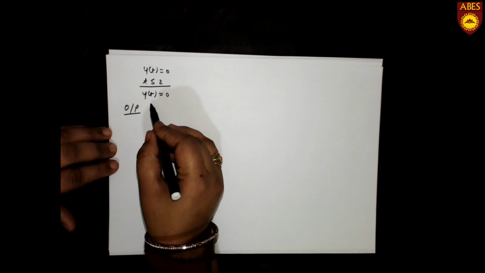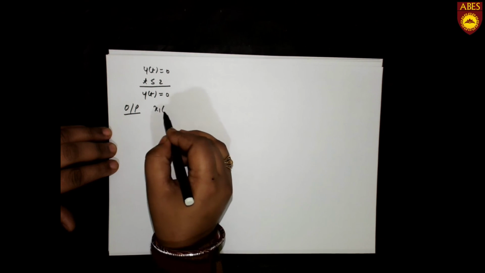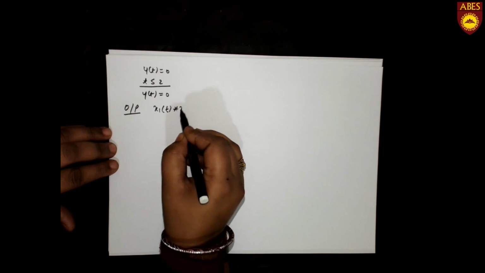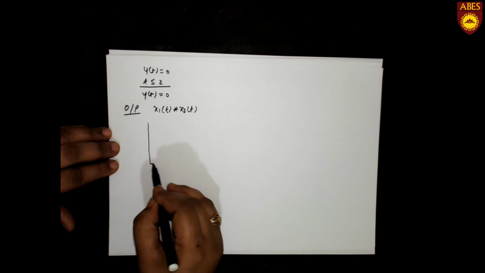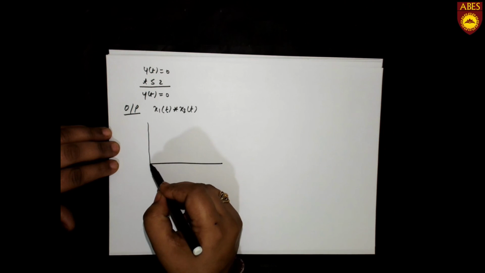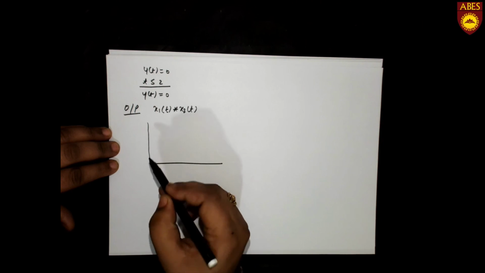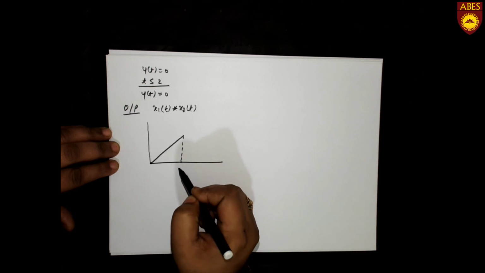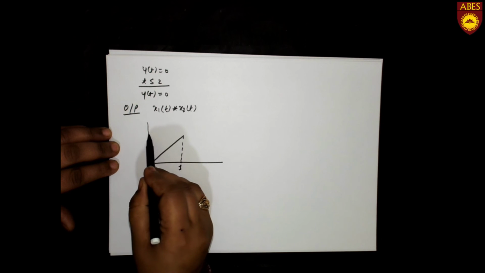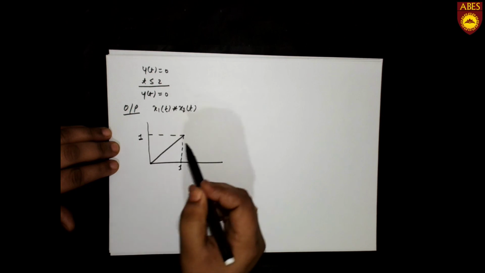The output signal we get while convolving x1(t) and x2(t) is like this. At 0, y(t) is 0. At t equal to 1, we have maximum overlapping, which is equal to 1.